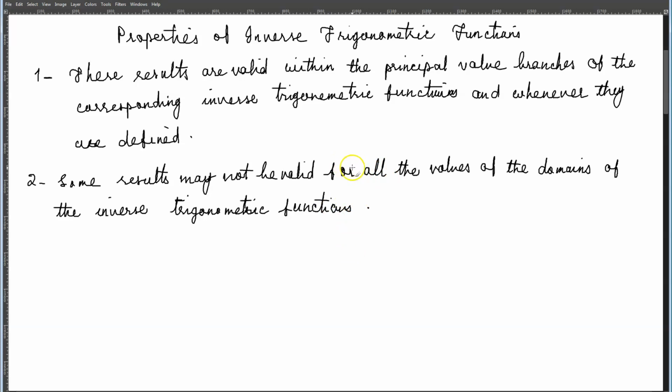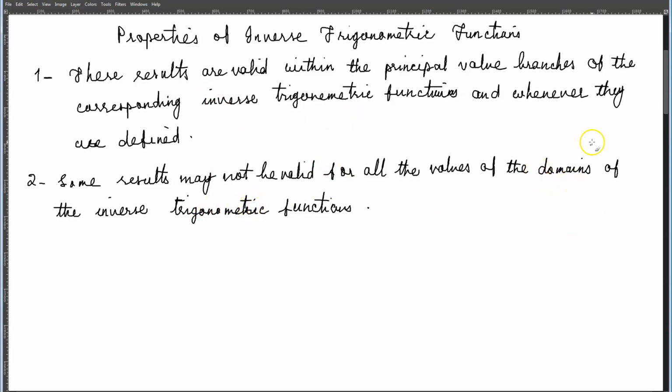In fact, they will be valid only for some values of x for which the inverse trigonometric functions are defined, but we will not discuss them here because that would go beyond the scope of the text that we have here.